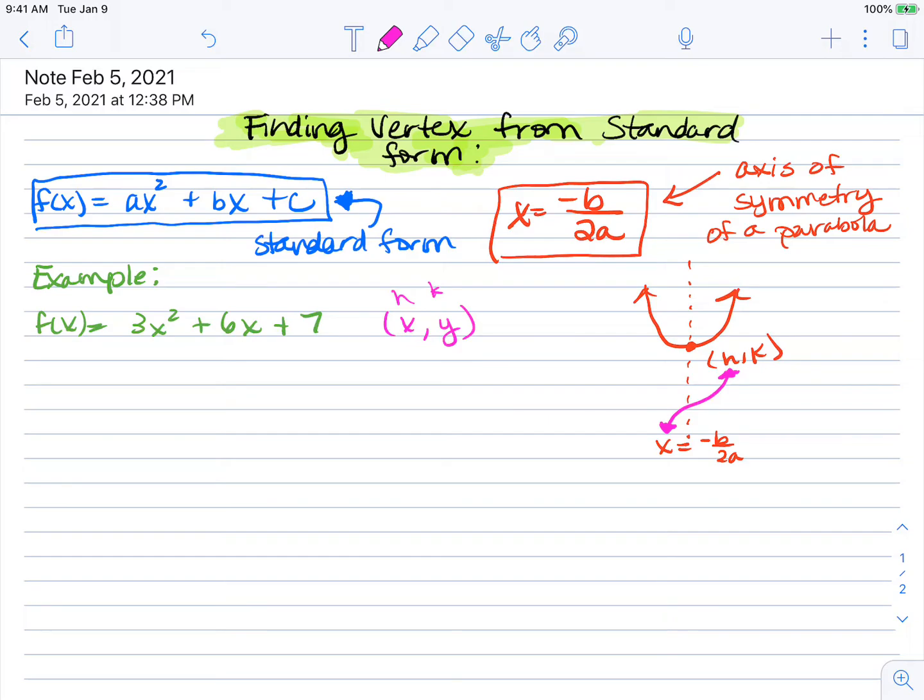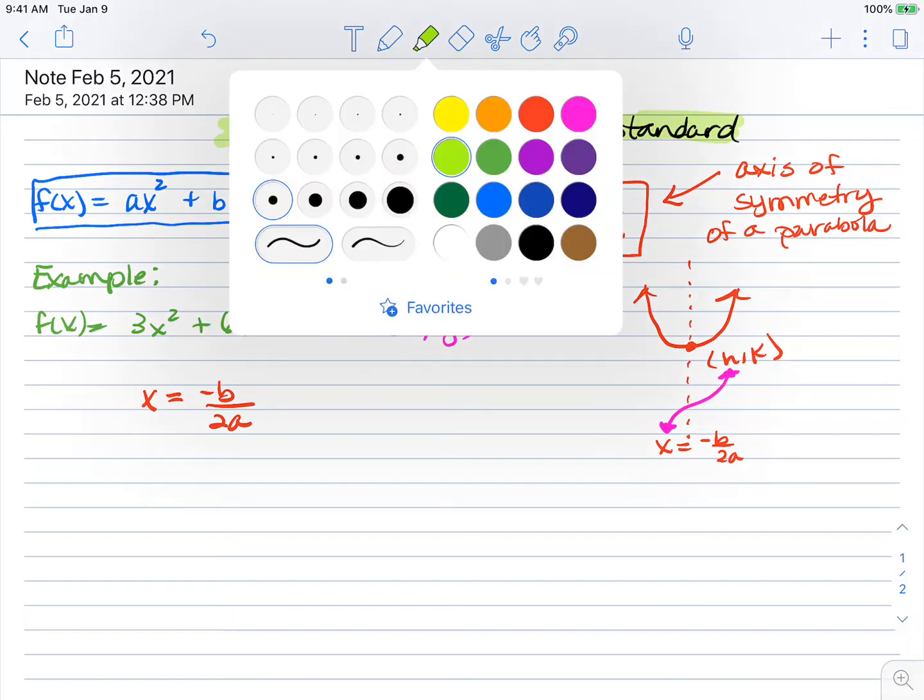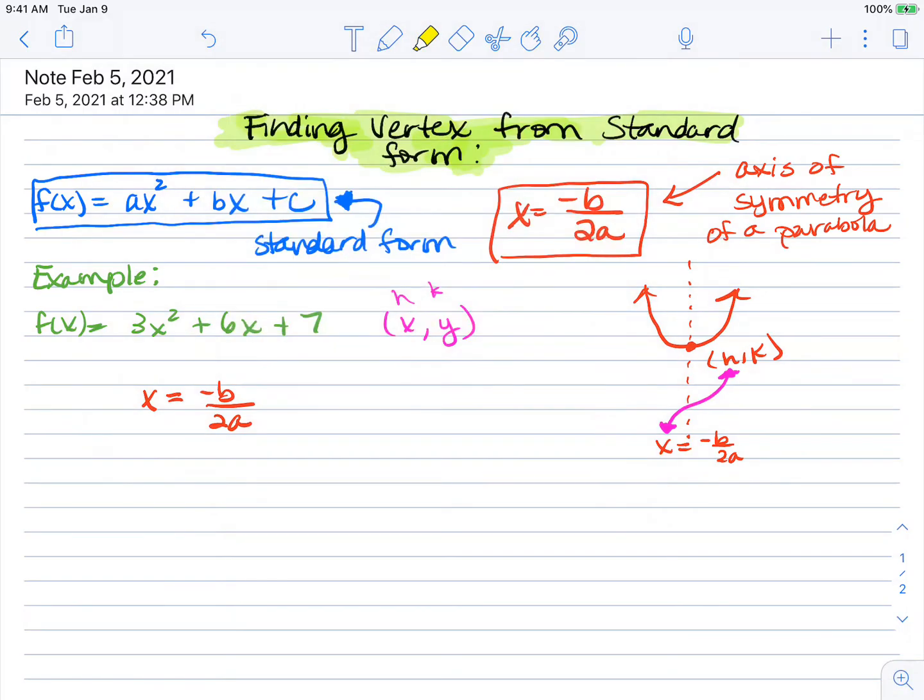So the first thing I'm going to do is take this axis of symmetry equation and say that x equals negative b over 2a. Looking at my equation, I'm going to highlight this in yellow. My b is the second term, the one with the x with the power of 1 on it, and in my case, it's 6.